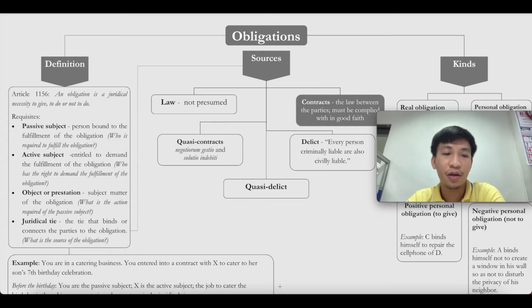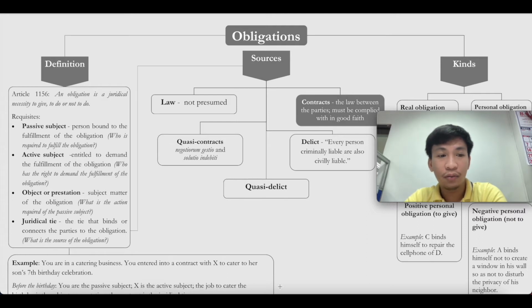Object or prestation naman in the requisites is the subject matter of the obligation. Ngayon, don't be confused, since this is an object, we are not talking here about a noun or a thing. We are talking here of action, actually.